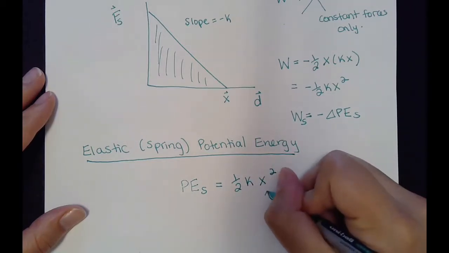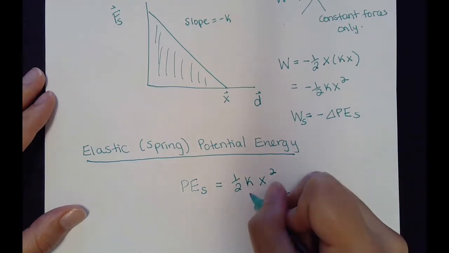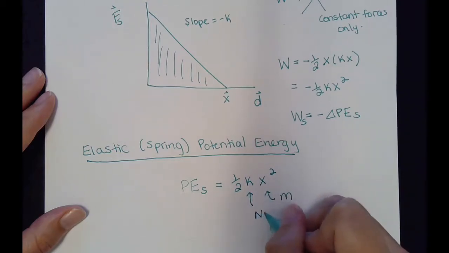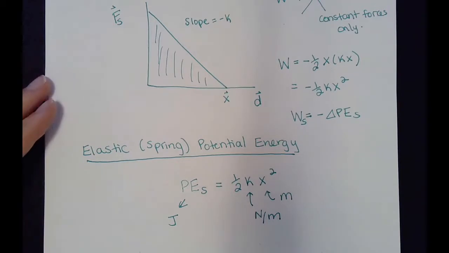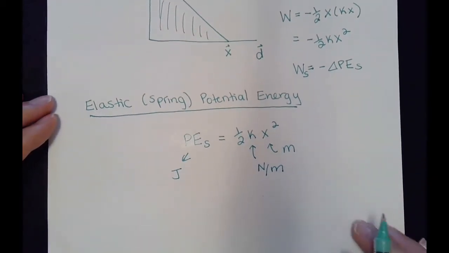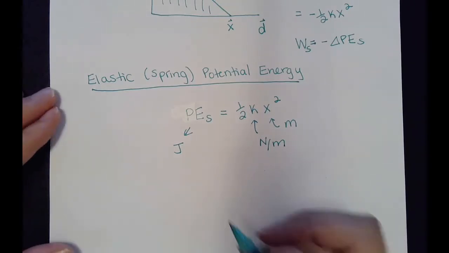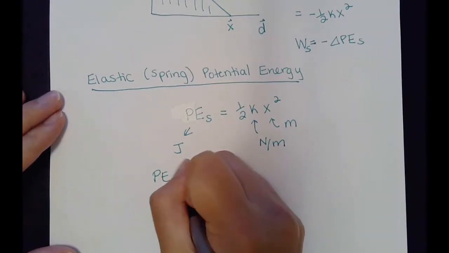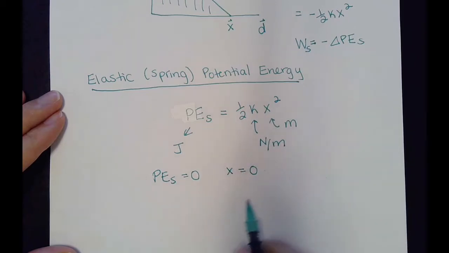So this is the displacement, again, the stretch or compression of the spring, and it's measured in meters. Then I have the spring constant in newtons per meter, and that gives us the elastic or the spring potential energy in joules. Now this has a fixed 0 point, unlike gravitational potential energy. The elastic potential energy equals 0 when the spring is at its equilibrium or its rest length.